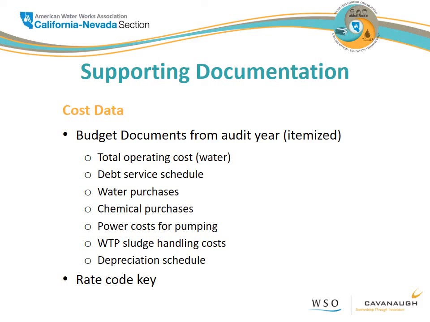Rate code key is one that would refer to those rate codes when we were talking about authorized consumption and looking for the volume sold by month by rate code. This is simply a key that would identify what those rate codes are, a simple definition of the actual code and a description of what that code represents.